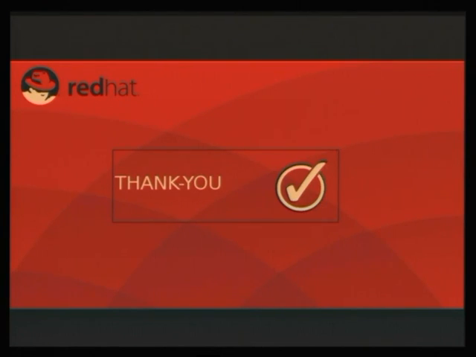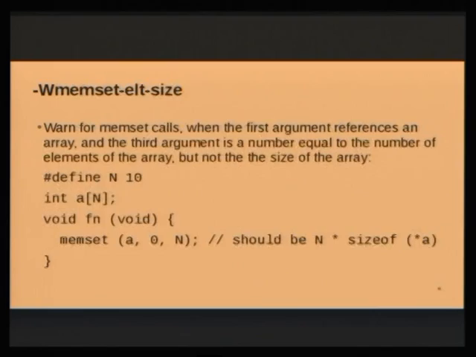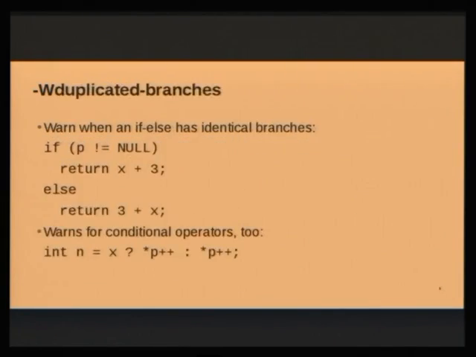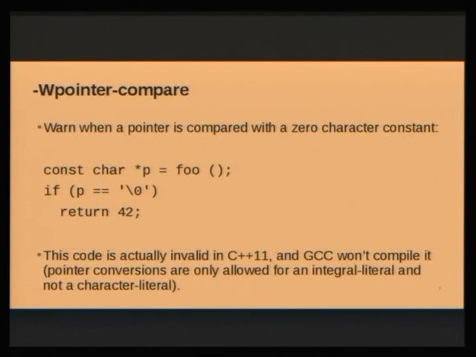So maybe I'm just missing something. There was the example of the new warning about comparing a pointer to the character 0. So why just 0? Why not any character?